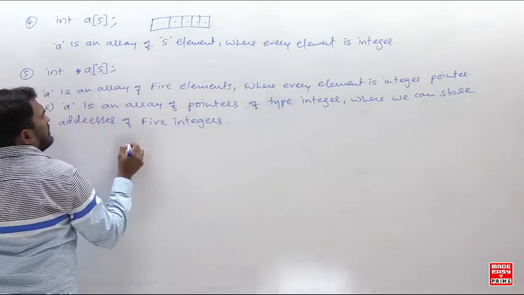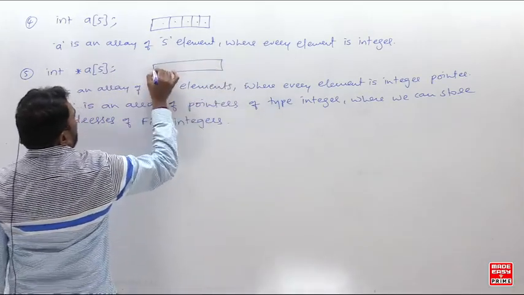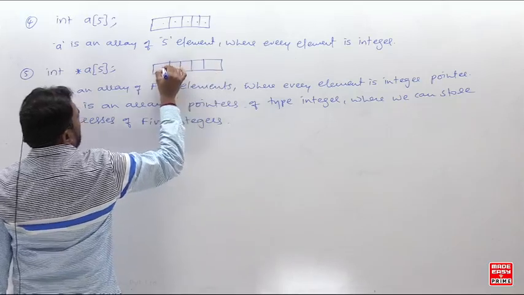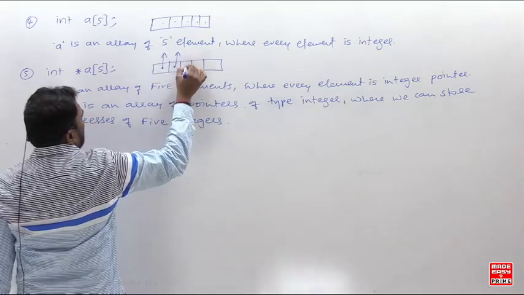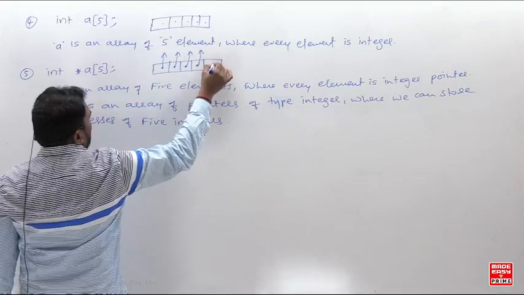Okay, so how will the diagram look? I'm writing the diagram here. We are having 5 elements and each is a pointer to integer, pointer to integer.